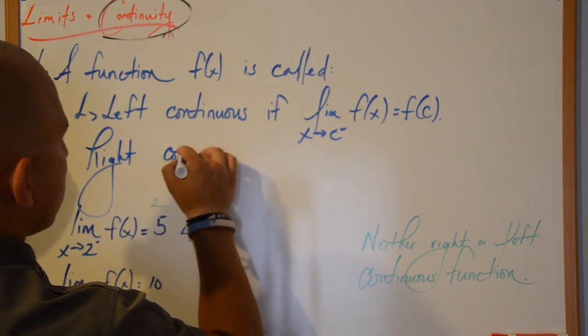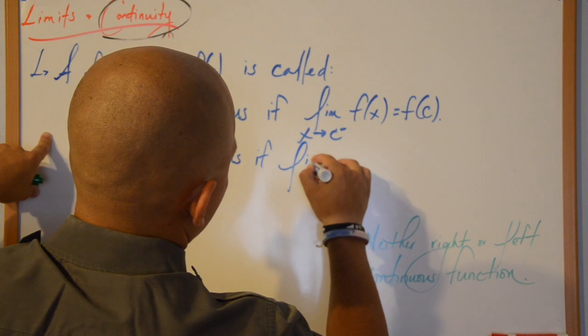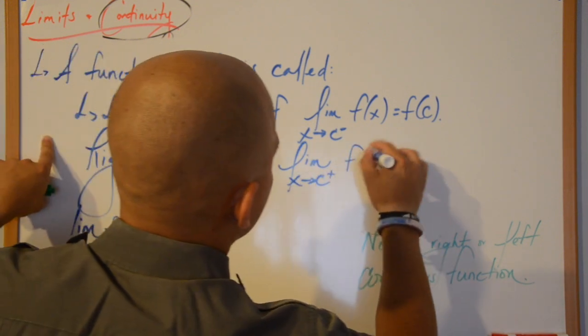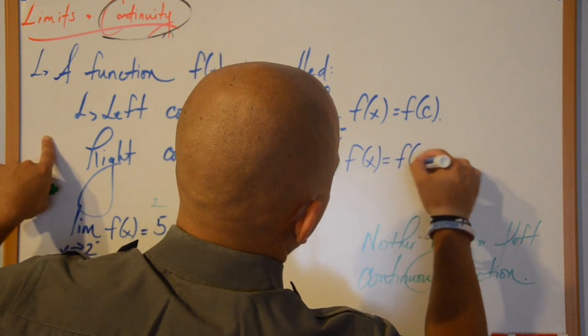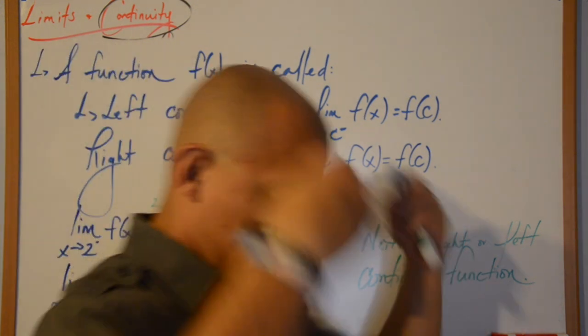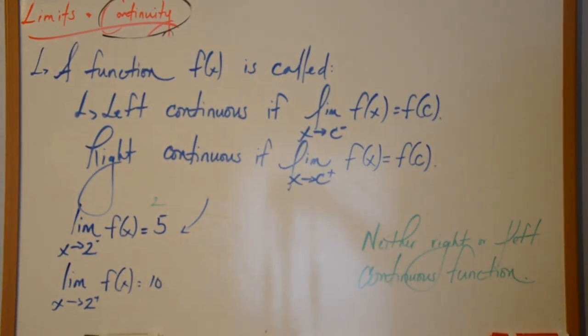And I'm certain that your intuition can tell you that if the limit as x approaches c from the right of the function is equal to the output, we would call that right continuous. Take a 30-second timeout on the coach, and then we'll pick up.